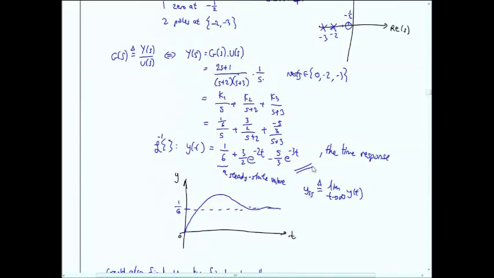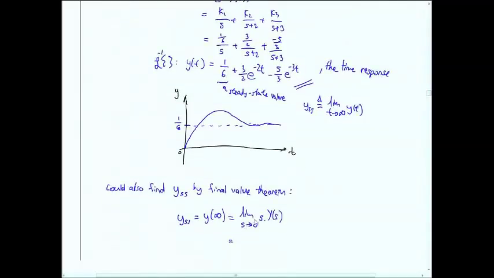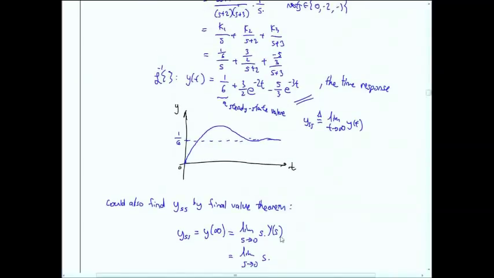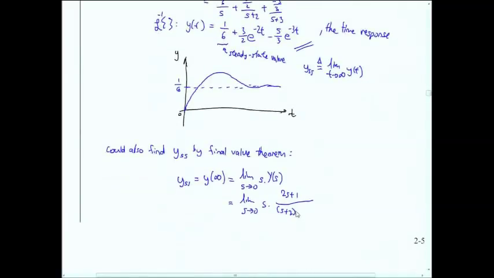So Y of s is this thing here: 2s plus 1 over s plus 2, s plus 3, times s. It's the limit of all of this.